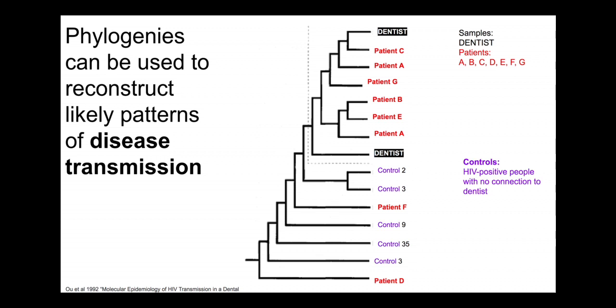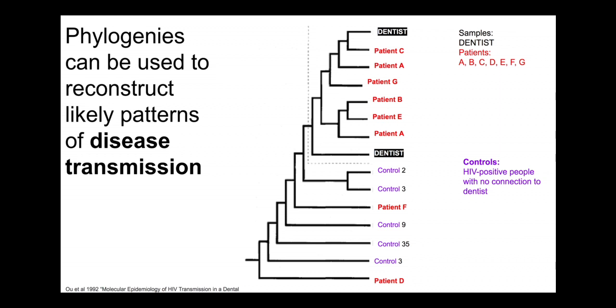The patients in this case are patients who were the patients of the dentist. Blood samples were taken and HIV RNA extracted, sequenced in order to then characterize how similar the strain population in each patient was.